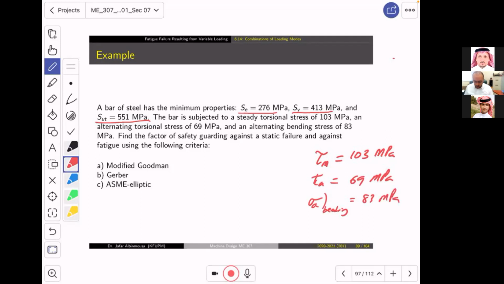Look, an alternating torque, which is equal to 69 megapascal, and an alternating bending stress, sigma for bending A, let's say bending, which is equal to 83 megapascal. We want to find the factor of safety guarding against static failure and against fatigue using Goodman, Gerber, and the Asme-elliptic. That's the problem. Now this is the first time we use those criteria. We didn't use them before in an example. So let's see how we are going to do them.